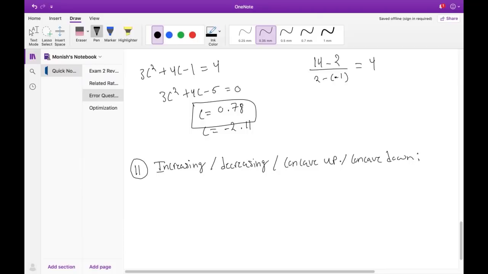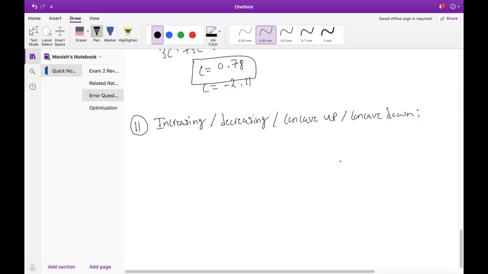Okay, so I'll write out the conditions for everything first so that makes sense to everybody. So if the derivative is positive, increasing. If the derivative is negative, decreasing.